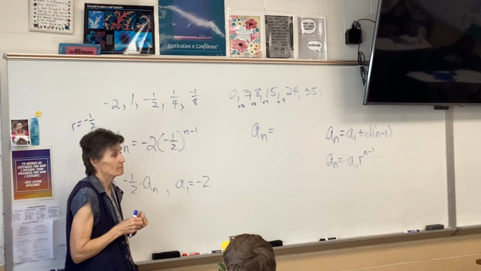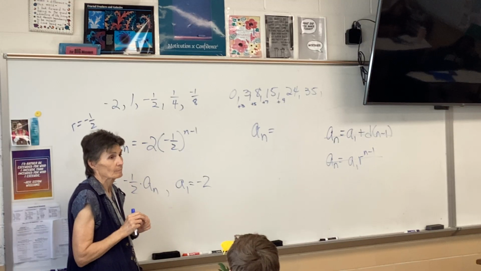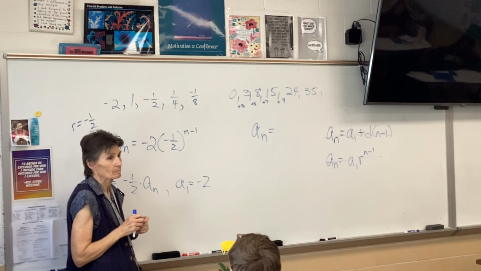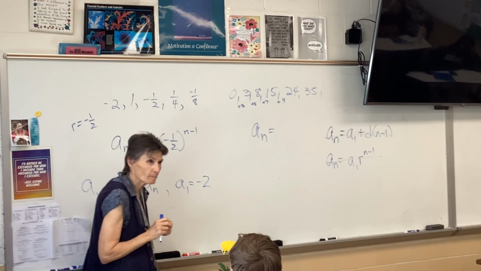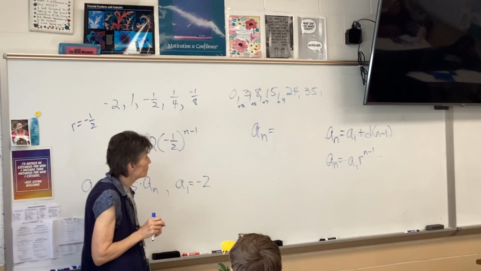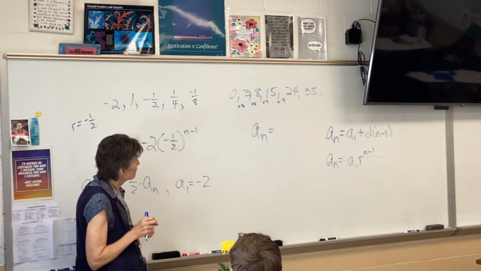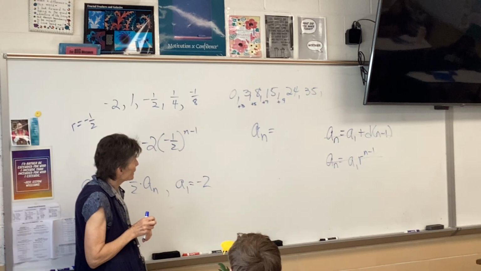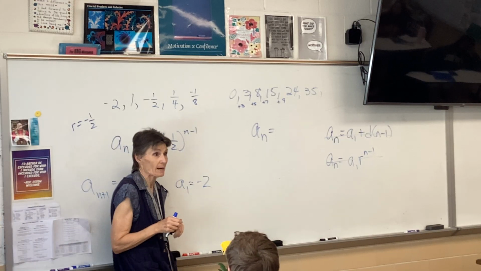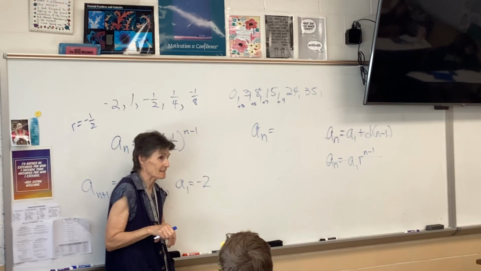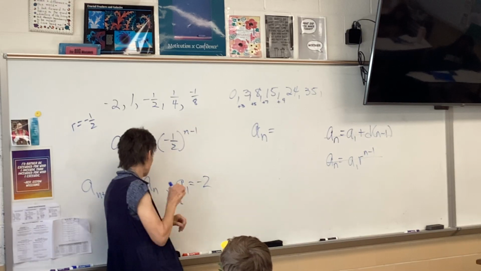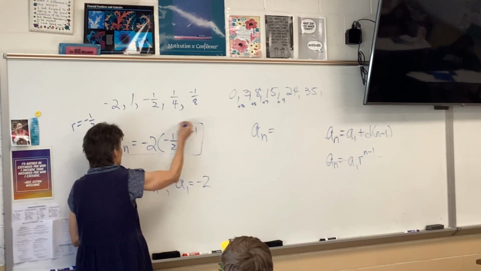That's what we're doing. What'd you say? Second number minus the first number, like 15 minus 8. Okay, again, we gotta write a formula for that, an explicit formula, which means something that looks like this.